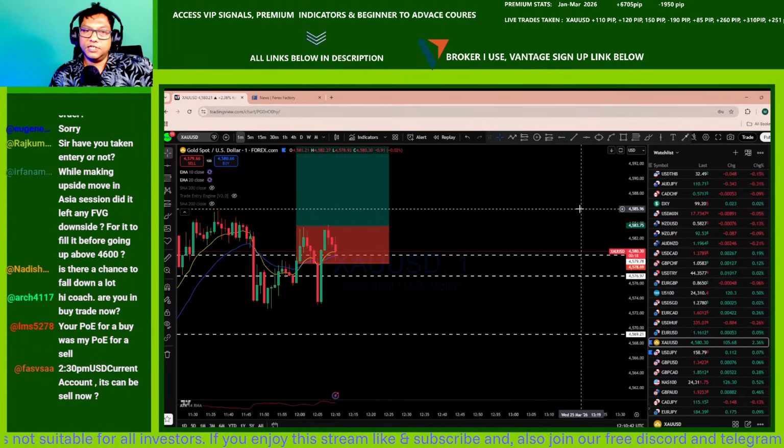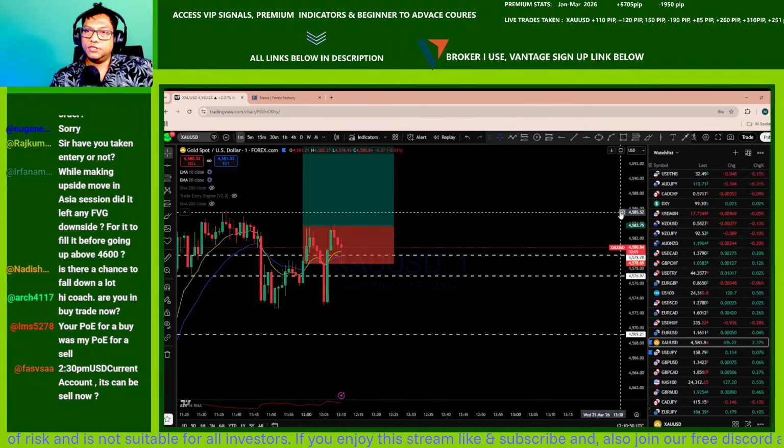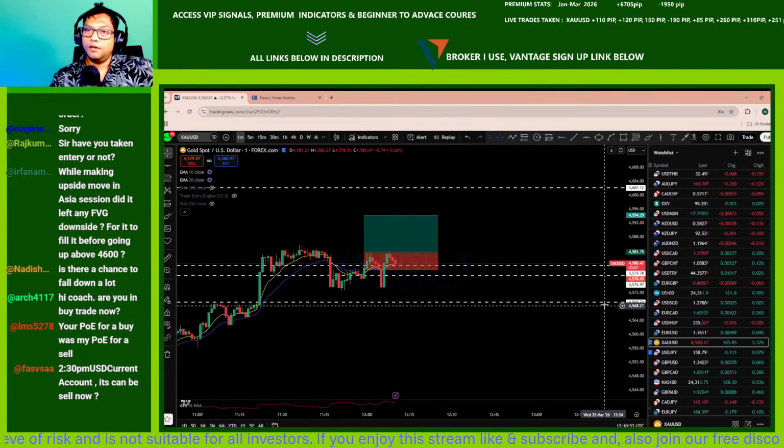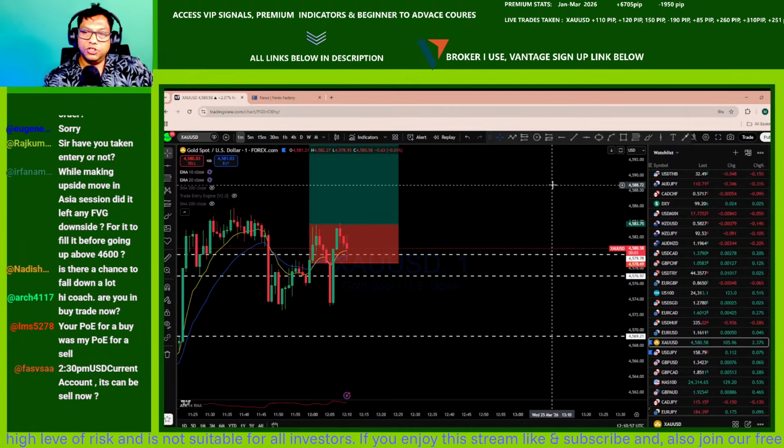So it's retesting this support again. This is the 1 minute chart, retesting the support again. And from that retest, if it successfully fails to retest, then we might see that continuation.